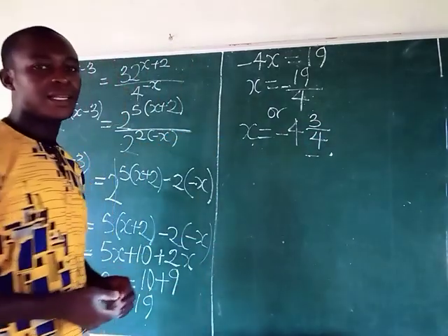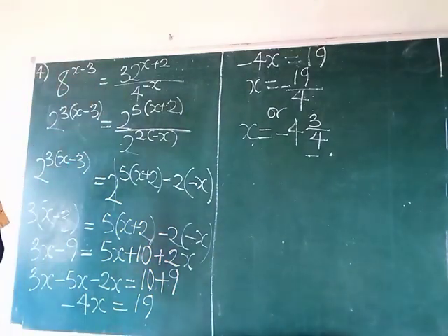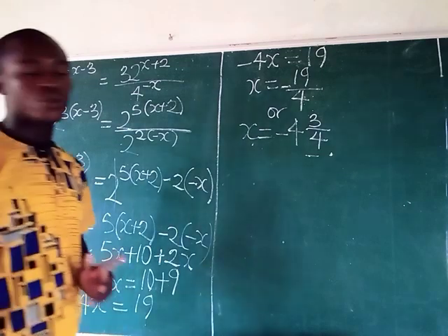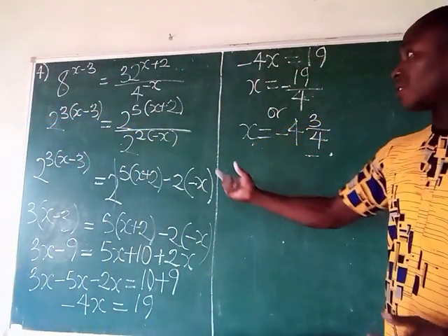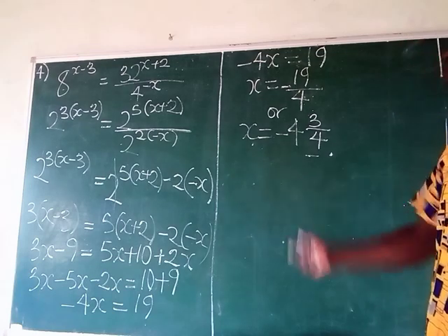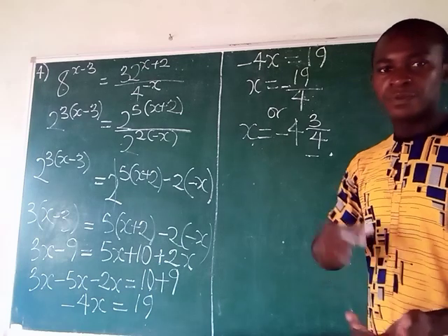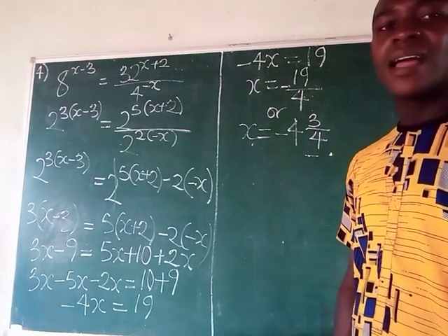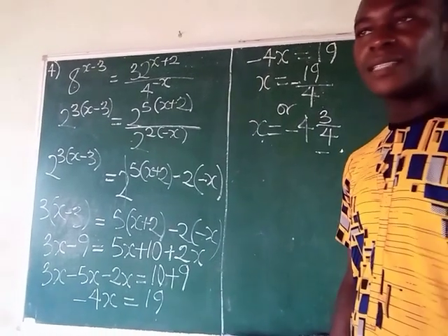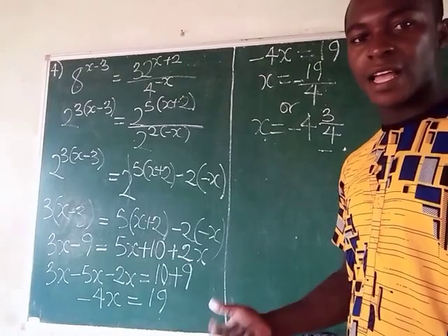So that is how we have been able to simplify this exponential equation and find the unknown exponent. We will look at another exponential function that is a little bit more complicated like this in our next video.